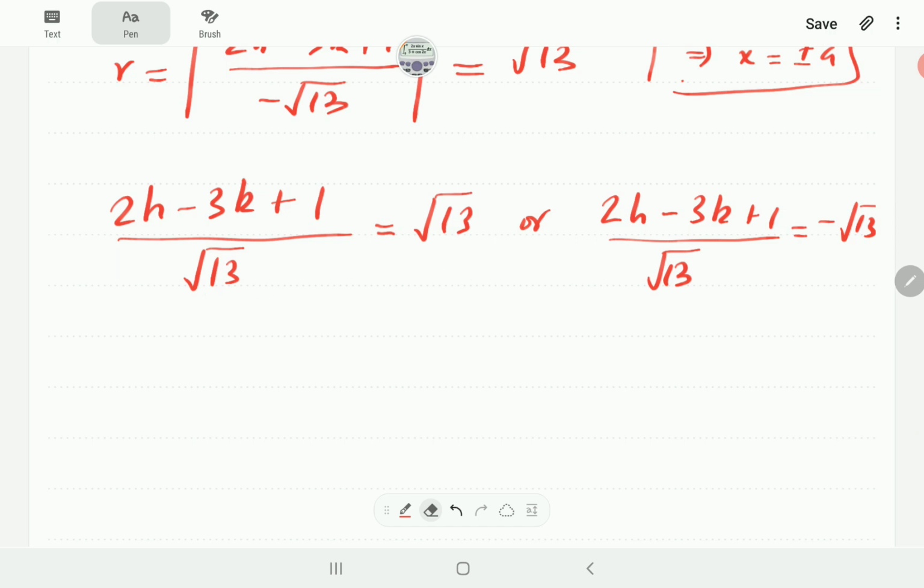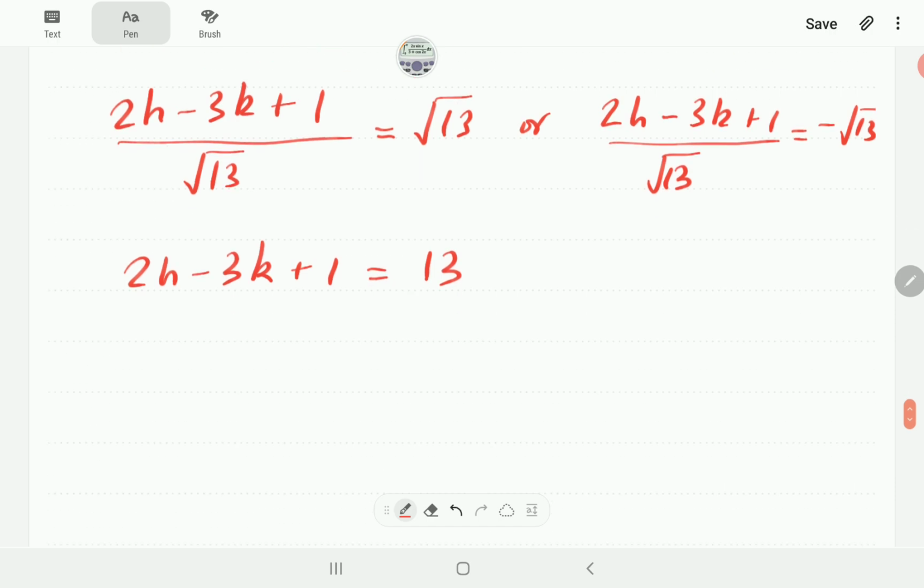So if we take square root 13 to the other side, this is now going to be 2h minus 3k plus 1 minus 3k plus 1 is equal to 13. If I take the 1 to the other side, so I've got 2h minus 3k is equal to 12.